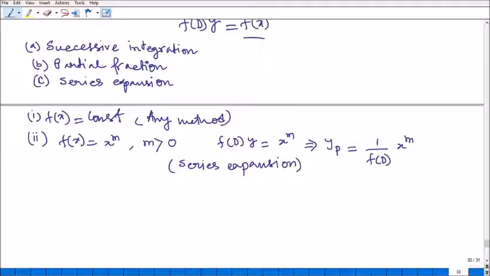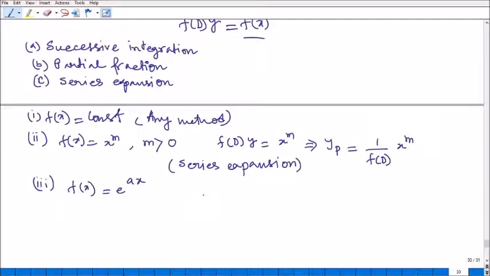Okay. Now suppose the function f has the exponential term. So in this case, suppose f of x equal to e to the power ax, where a is a positive number. Now if the function is like this, that is an exponential function, then we can apply this formula.